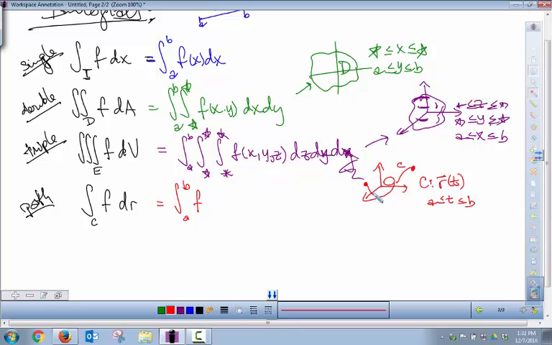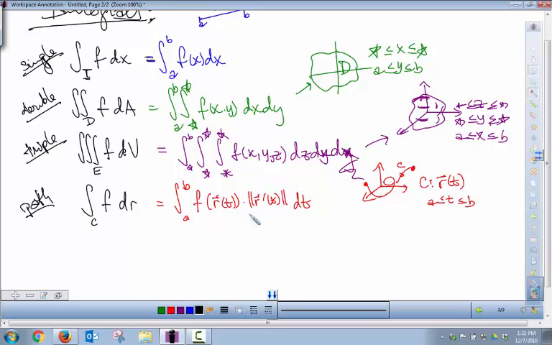And what we're going to do is at each of these points on the curve, we're going to see what the function is equal to there. So that's a composition. And then at each of those points, we're going to multiply it by some small little arc length measurement. And so now it becomes a single integral that we should be able to do.